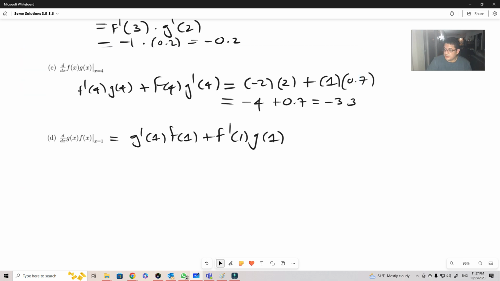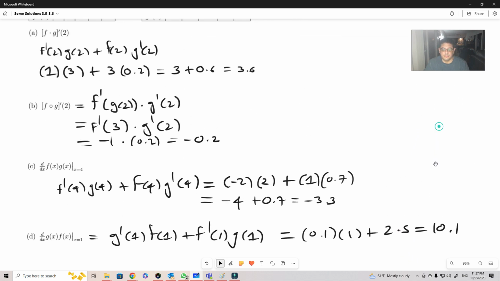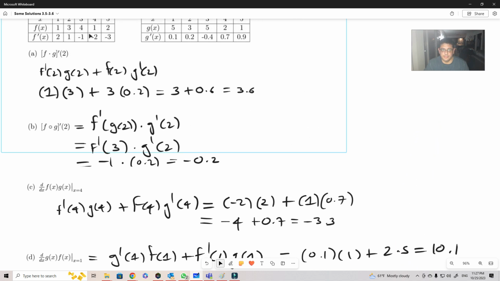So in particular, this is going to be 0.1 times 1 plus 2.5 times 5. So this will be 10.1. You can verify the values by finding the values of g and g prime at 1, which are 5 and 0.1, and the values of f and f prime at 1, which are 1 and 2.5.